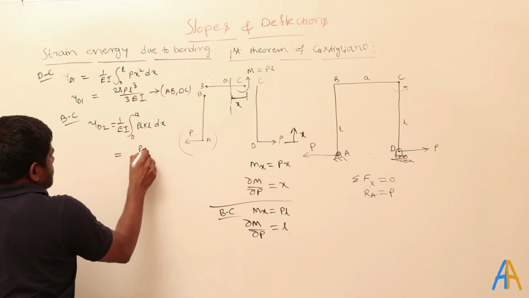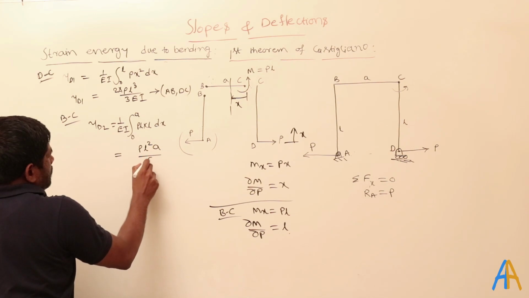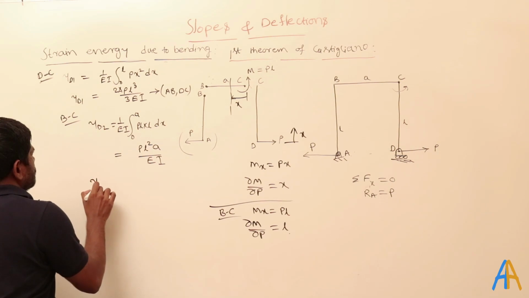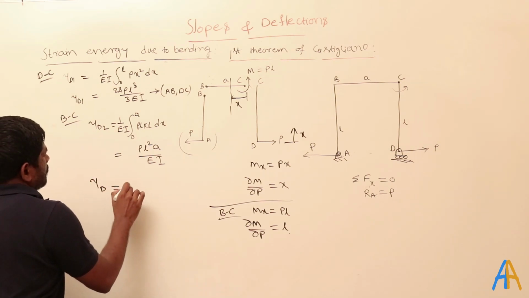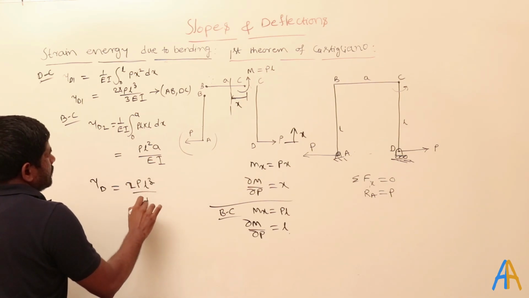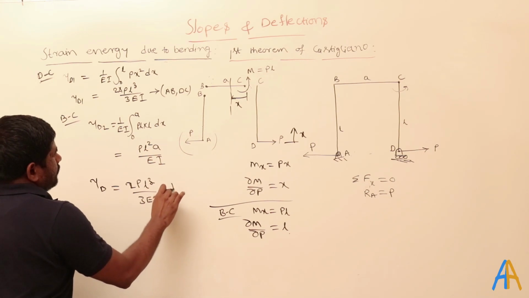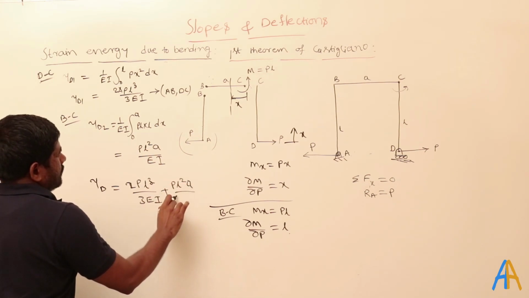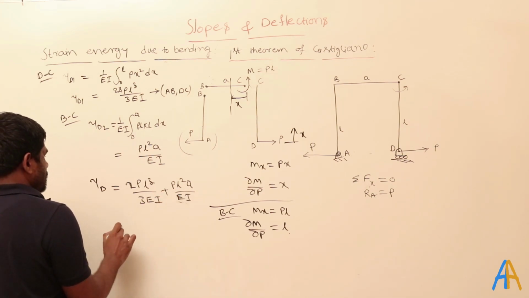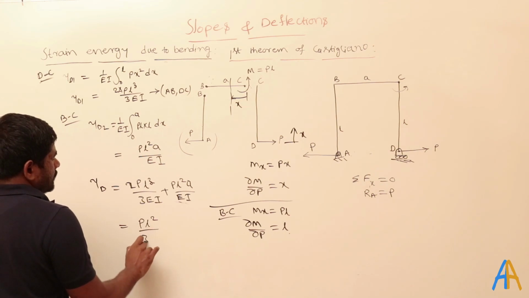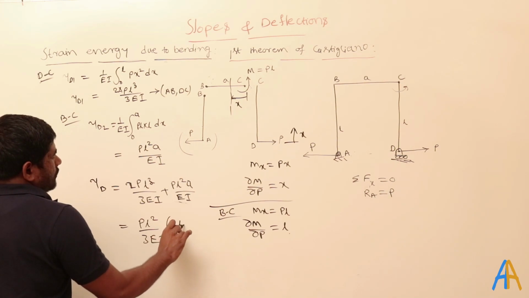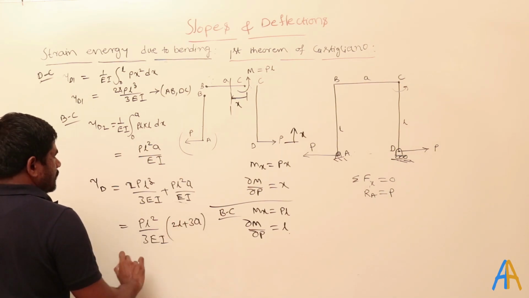Then it will become PL²a/EI. So the final value, Y_D equals 2PL³/3EI plus PL²a/EI. Then if I take PL²/3EI out, it will become (2L + 3a). This is the value.